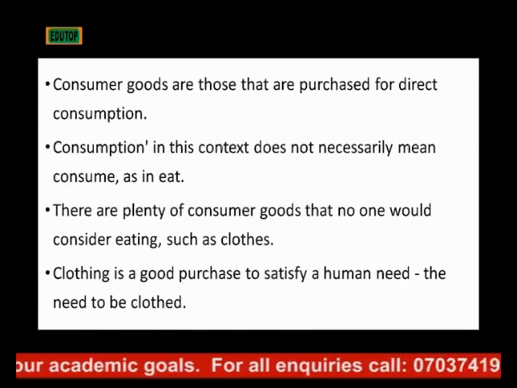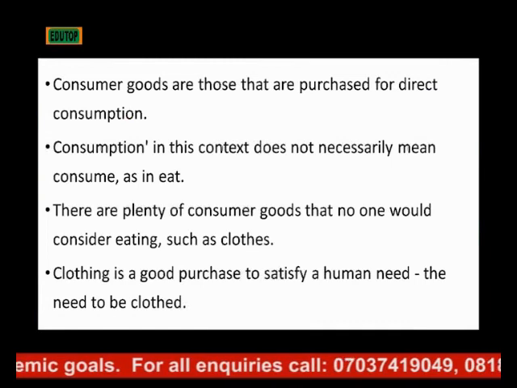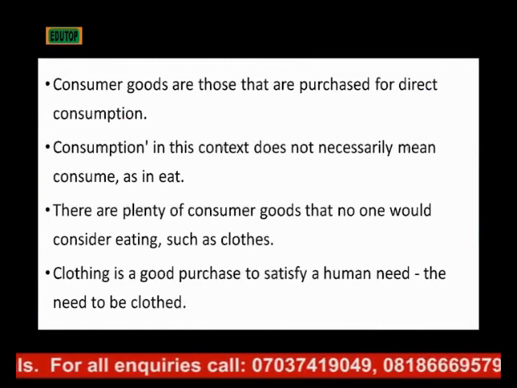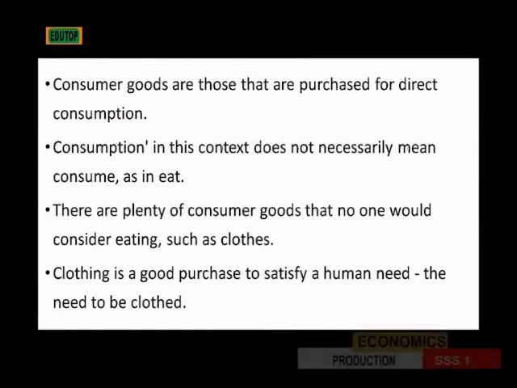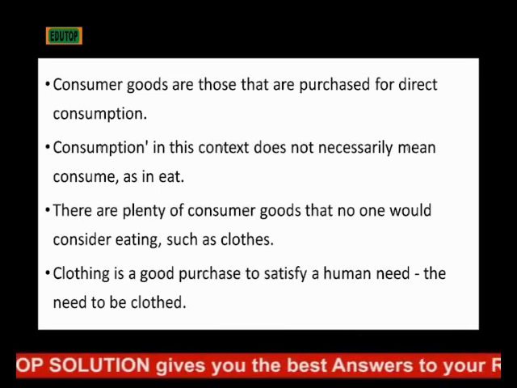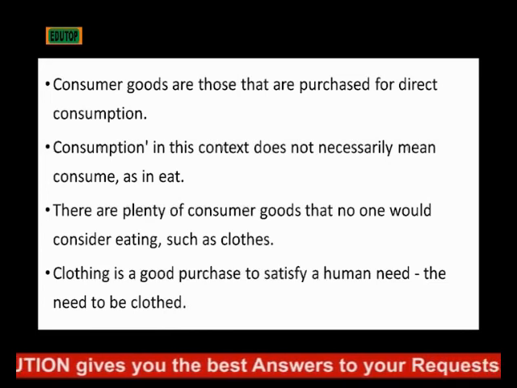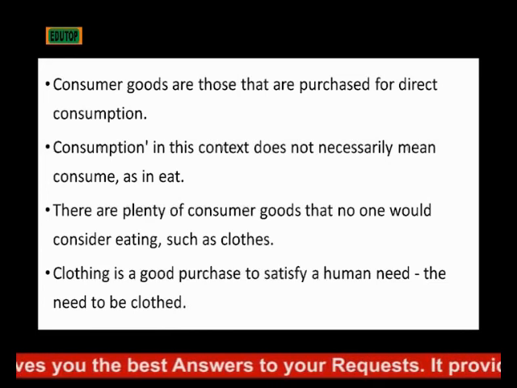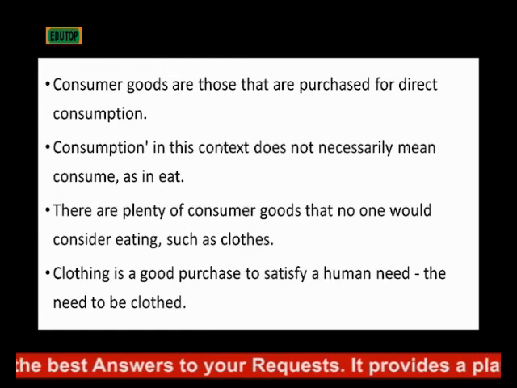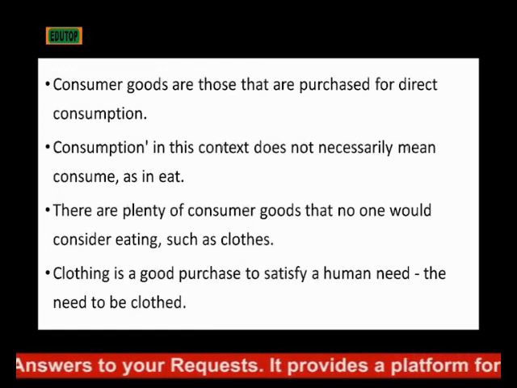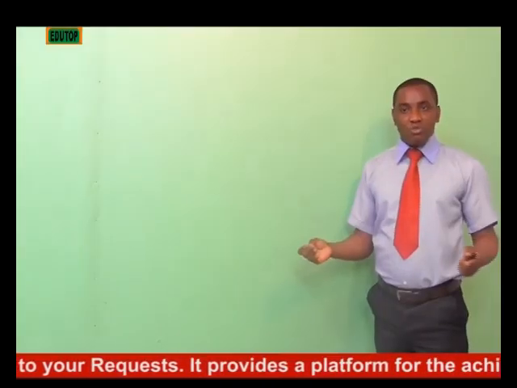Consumer goods are for consumption of an individual in the society without any further process, such as clothing, food, fuel, and drinks. So those are the consumer goods. Now we also have different types of consumer goods.